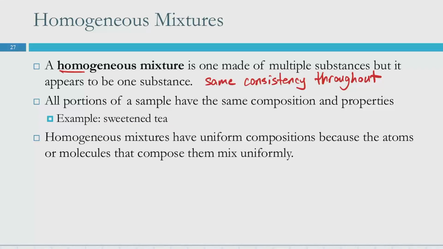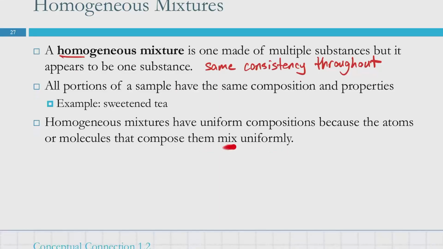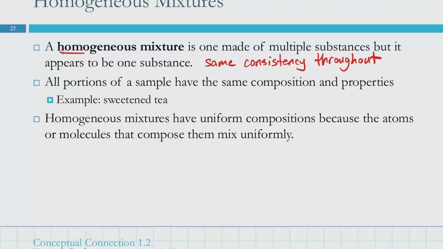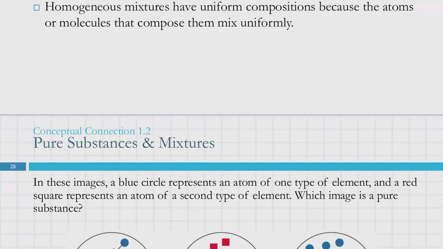Things where if you take a sample from one section, it should be the same as a sample from another section. So the homogeneous mixtures have uniform compositions, even compositions throughout, because they mix uniformly, they mix evenly. So you don't necessarily have to shake them before you apply them, in the case of condiments.